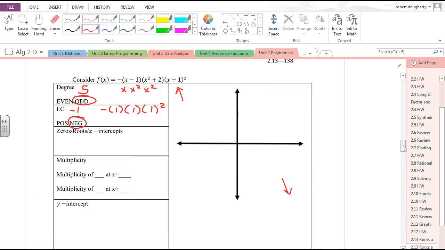Now, what are the zeros, the roots, the solutions, the x-intercepts? Those are 1, 0. Now, look at x squared plus 2. Set that equal to 0, and you get x squared equal negative 2. X is equal to plus or minus square root of negative 2. X equal plus or minus square root of 2i.